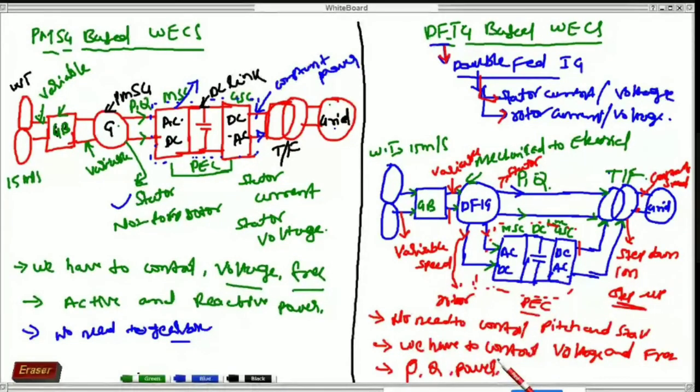So this is the difference between PMSG and DFIG based wind energy conversion systems.